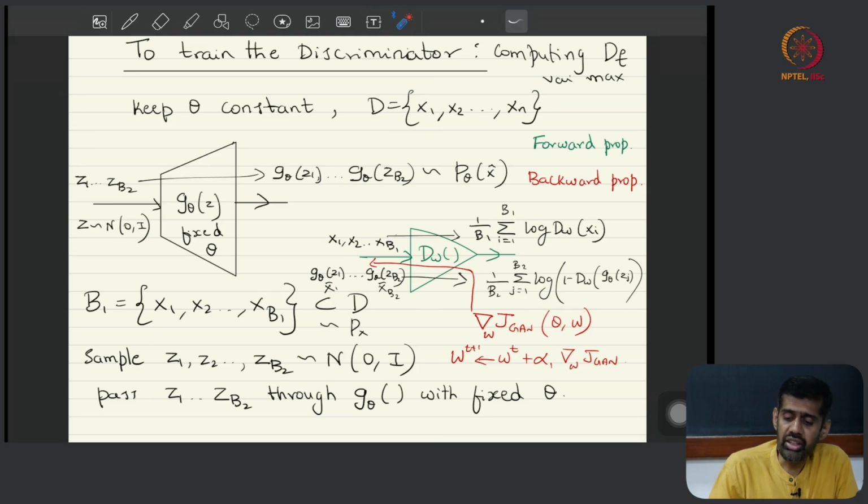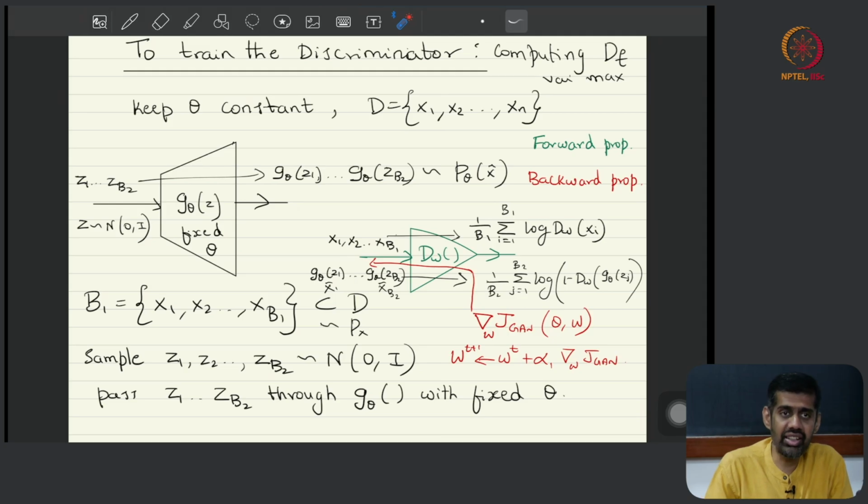Then you sample one batch from the true distribution Px. By the way, people also refer to this as the true data and the fake data. True data are the samples from the distribution Px, and the so called fake data is the samples from distribution P theta. That's a terminology that is used.